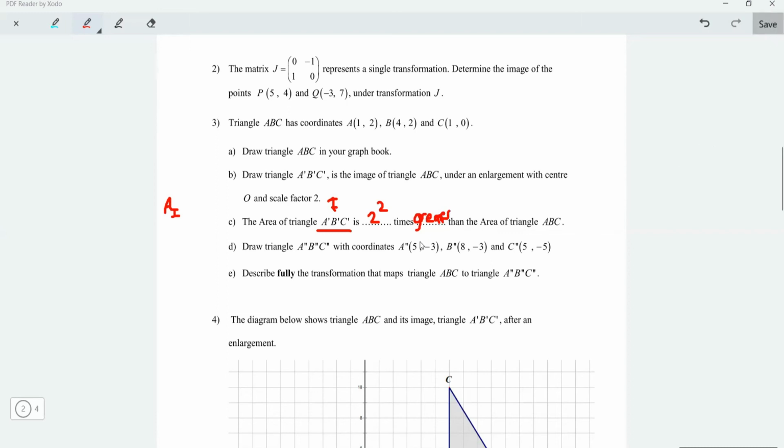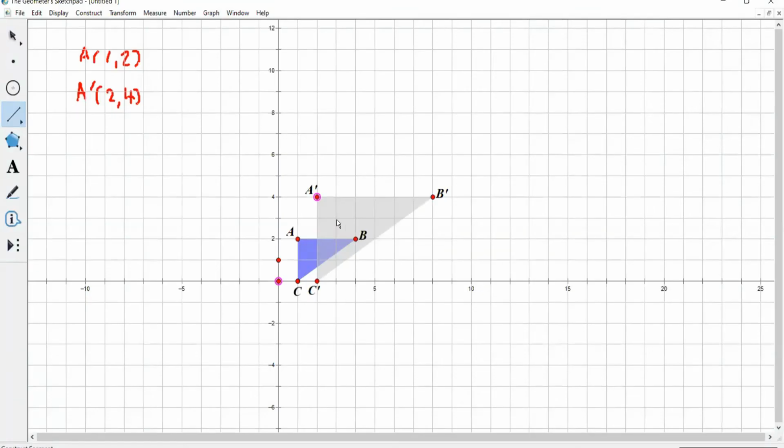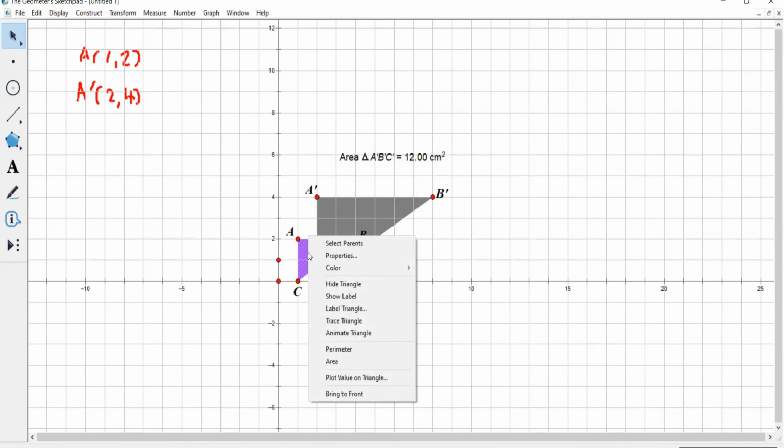All right. If you don't believe me, you can check it out. We already drew the triangle. May I tell you, say it is 4 times the area. The area of this triangle will just construct this image right here. So you see this triangle? This triangle, yes, this triangle. If you measure the area, you get 12, and I'm telling you that it is going to be 4 times this area here.